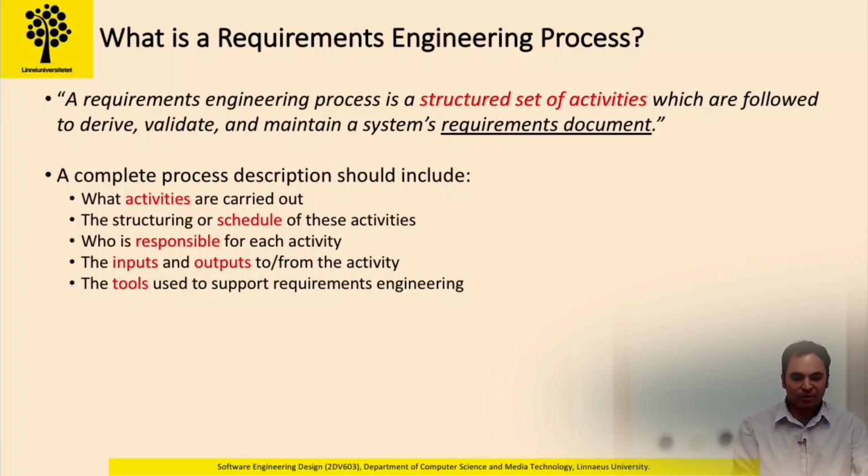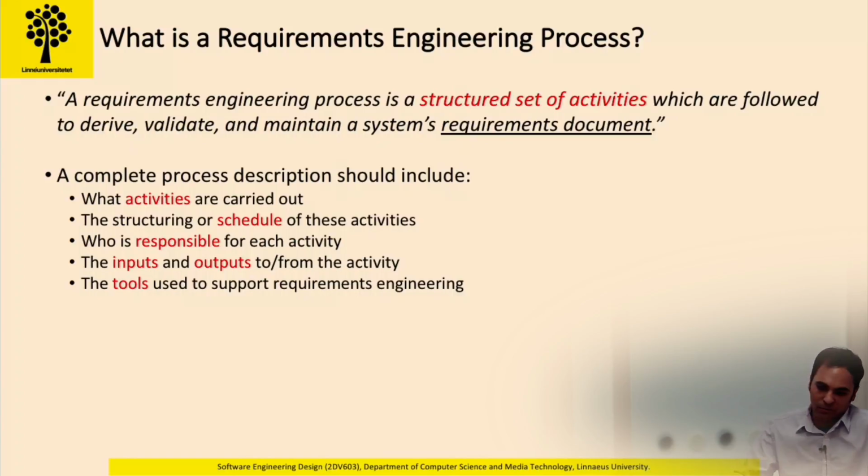And a complete requirements engineering process should have these things specifically mentioned. So what are these things? What activities will be carried out as part of this process? What is the structure or schedule of these activities, so when will they be done?